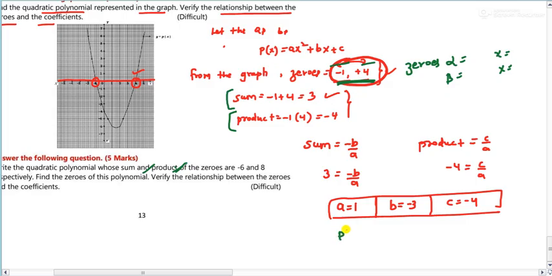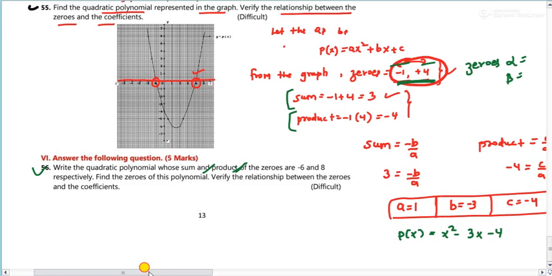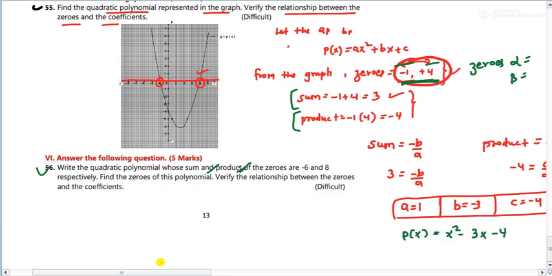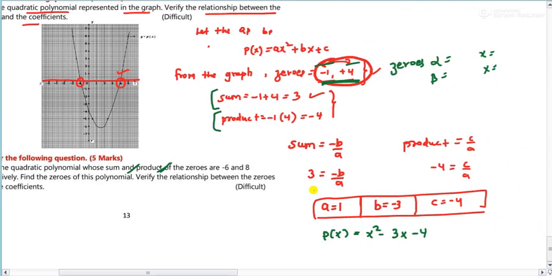So the answer is p of x is x square minus 3x minus 4. This is the polynomial, right? Okay, and verify the relationship. I don't know why they have given this. It's already done here. Actually we'll get the same if we verify.